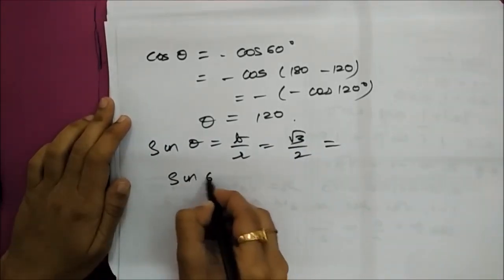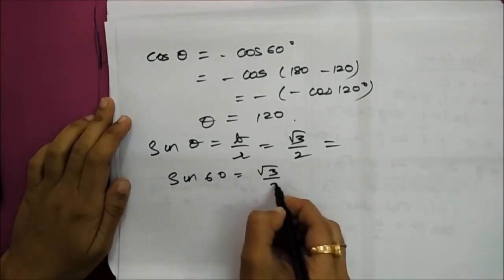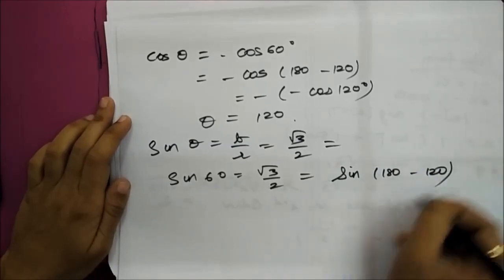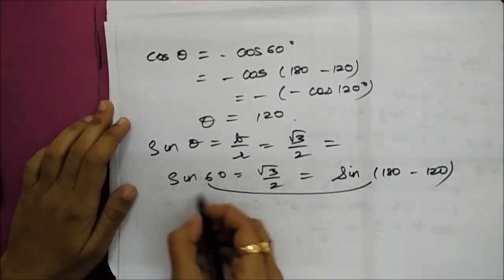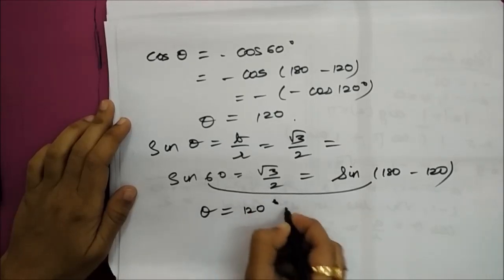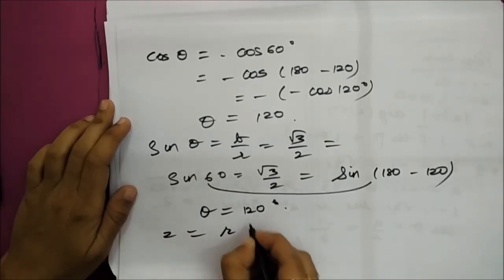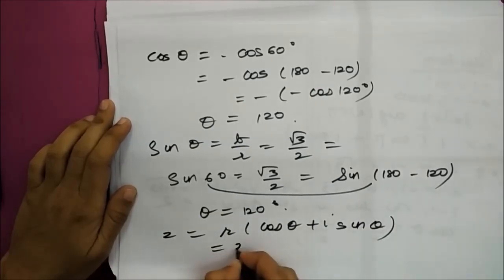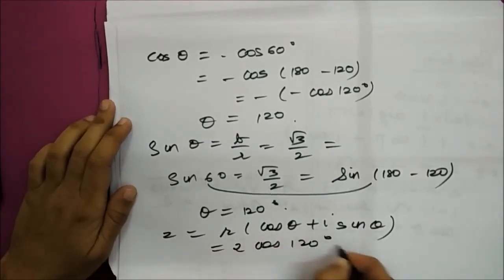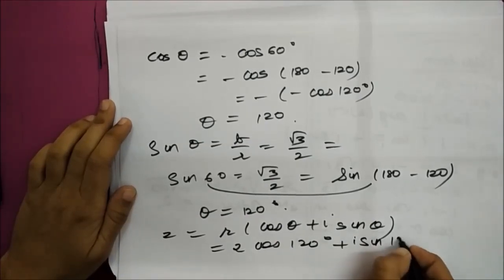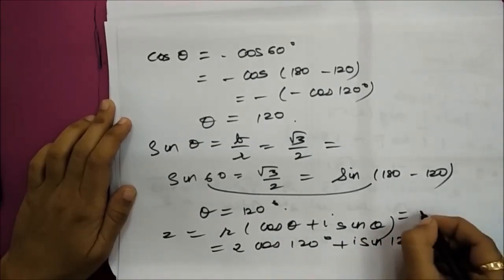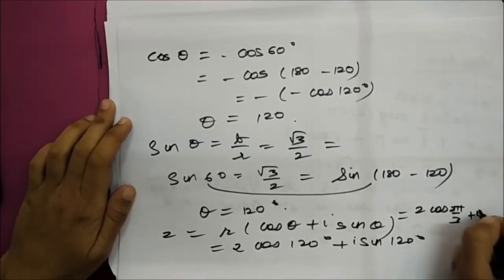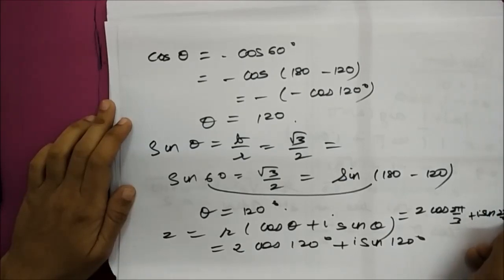So sin 60 value is root 3 upon 2, which is nothing but sine of 180 minus 120. So you have to relate and get theta. So z is equal to r cos theta plus i sin theta, so 2 cos 120 plus i sin 120. You can redefine the function as 2 cos 2 pi by 3 plus i sin 2 pi by 3.